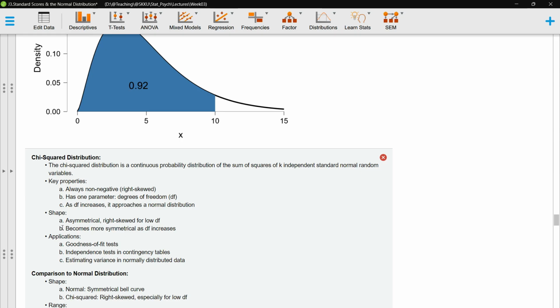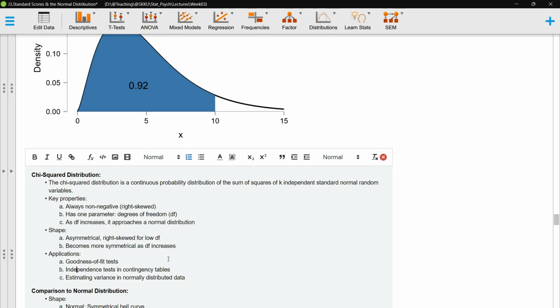And what are the applications of this distribution? We will use this distribution later in the lectures, in later classes for the semester. One application is the goodness of fit test, as there are many situations where this applies.